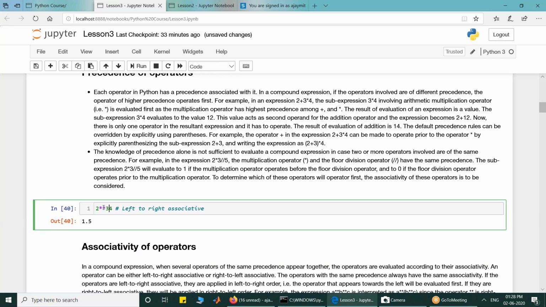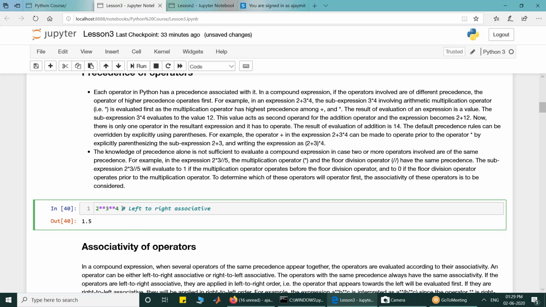Suppose now I have written 2 exponent 3 exponent 4. How should I evaluate it?